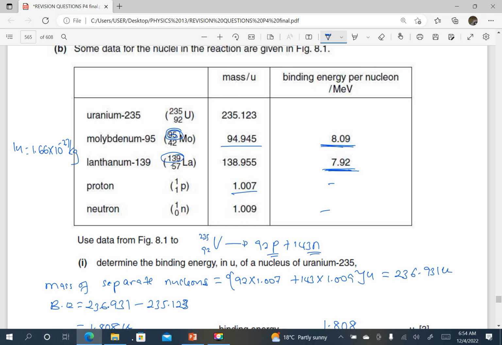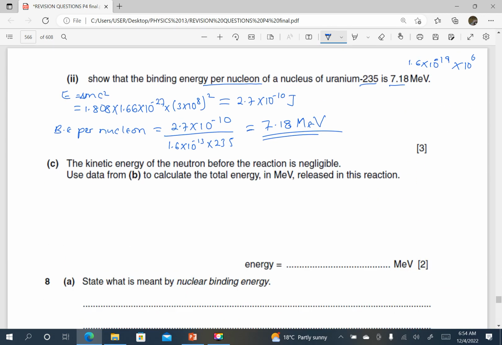Then on the right, we have calculated this as 7.18. This is binding energy per nucleon, but the nucleon number is 235. So if there is a difference, then the difference must be released, must be given out. So let's check that.